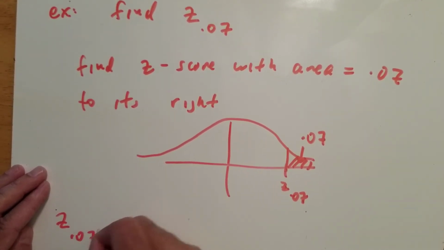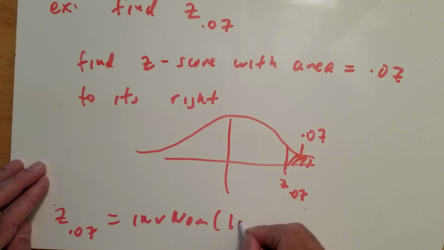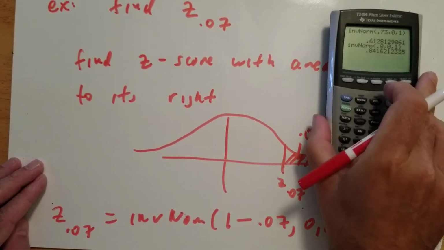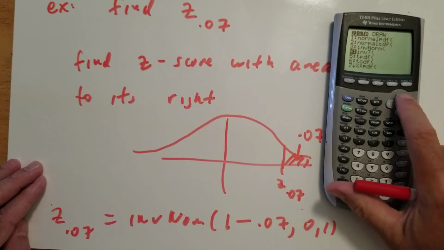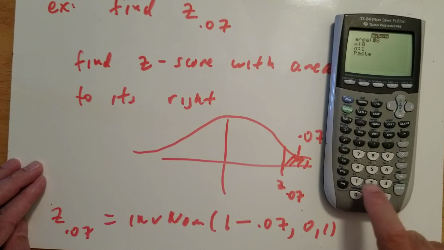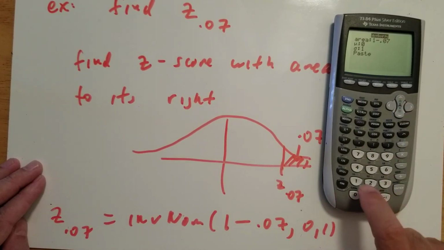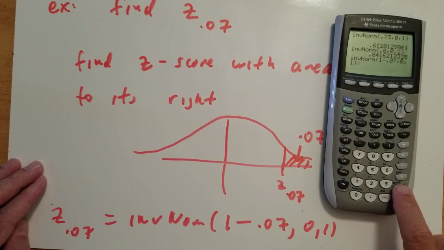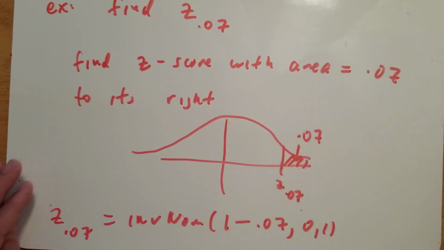So z sub 0.07 can be calculated as InvNorm 1 minus 0.07. And you don't have to even do it, the calculator will do that for you. You can just enter 1 minus 0.07, 0, 1 for the standard normal. And it comes out about 1.48 to 2 decimal places.